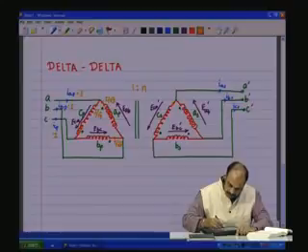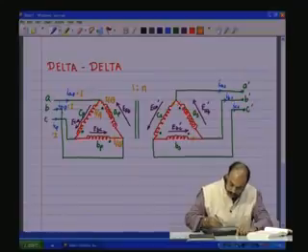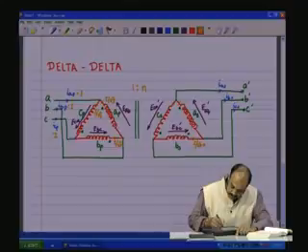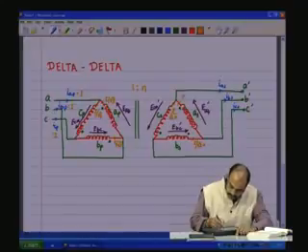Now, all have value I by root 3 n, I by root 3 n, I by root 3 n.